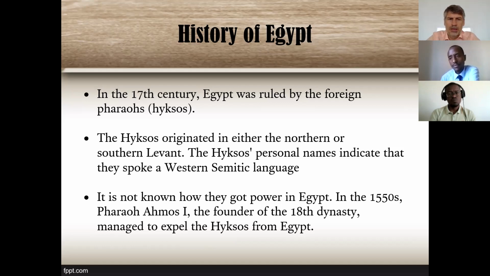Okay, so what happens in the history of Egypt? The history of Egypt is usually divided into three periods: the so-called Old Kingdom, Middle Kingdom, and New Kingdom. So what happened during the Old Kingdom of Egypt? It is the oldest period, and it was the time when the famous pyramids were built.